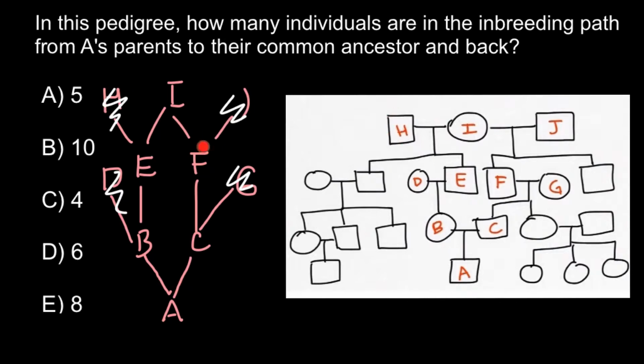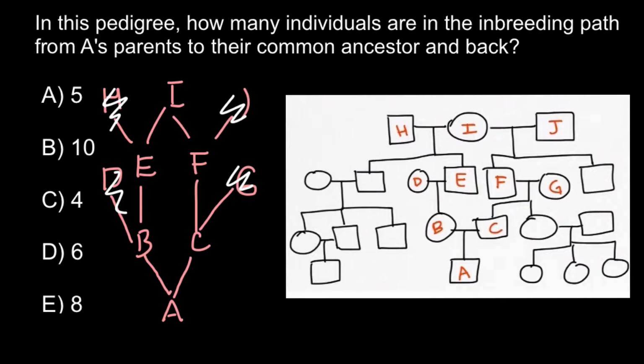Individual H is not related to any of these individuals, and individual J is not related to individual E or B. The same we can say about the other parents here. So let's concentrate only on this loop and the people who are direct ancestors of individual A.